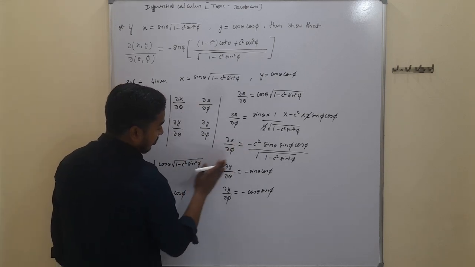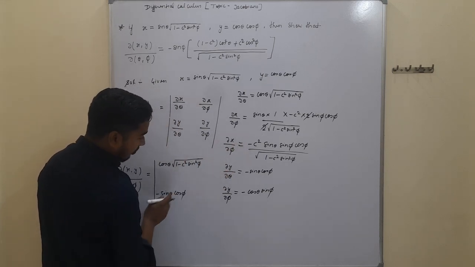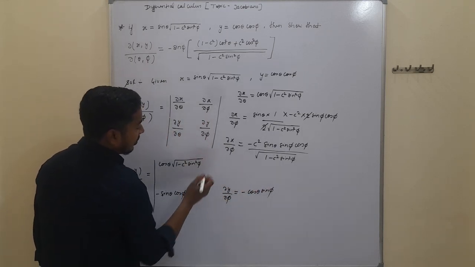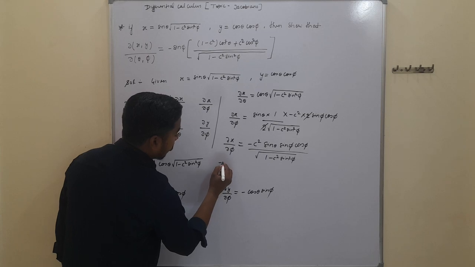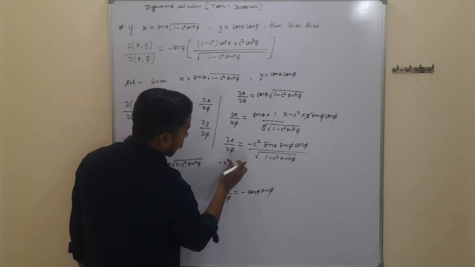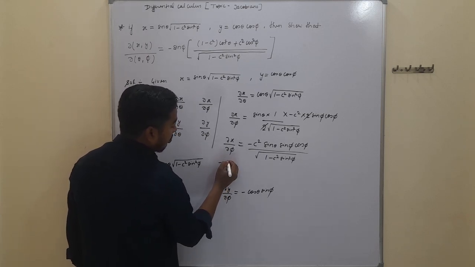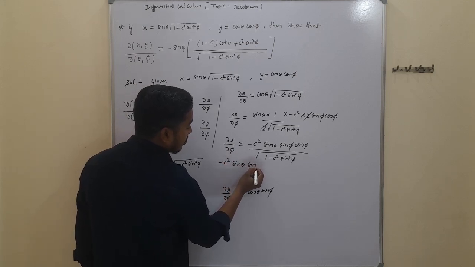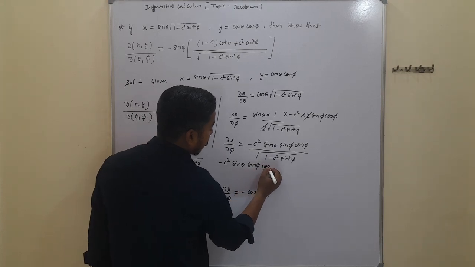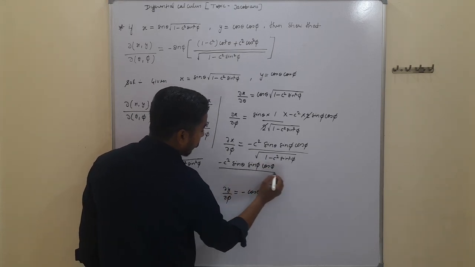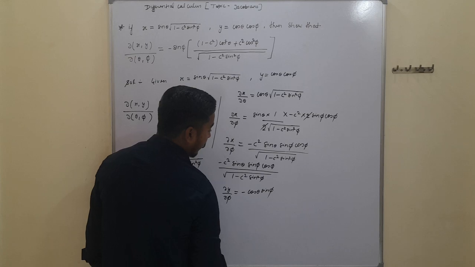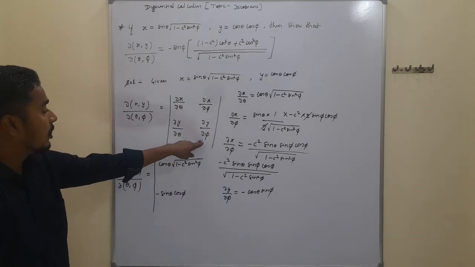This is given by minus c square into sin theta into sin phi into cos phi, upon under root of 1 minus c square into sin square phi, and further we have to find the value of del y upon del phi.